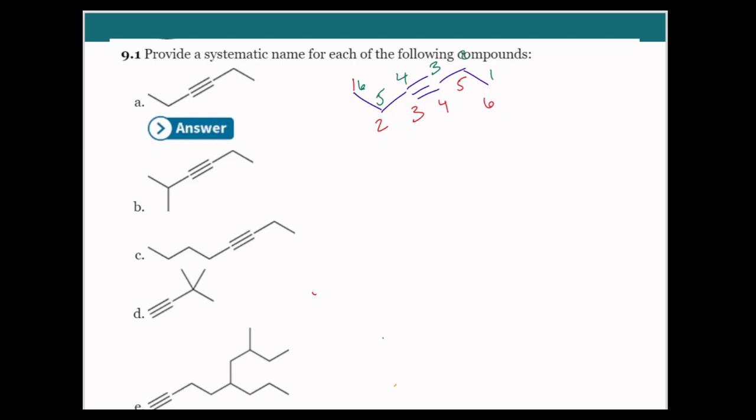Either way, the first carbon where we encounter the alkyne functional group would be carbon number 3. Okay, so this is going to be a derivative of what? We have 6 carbons, no matter which way we number it. So this would be a derivative of hex. Okay, and our alkyne functional group is at carbon number 3, so we could say hex-3-yne or 3-hexyne.